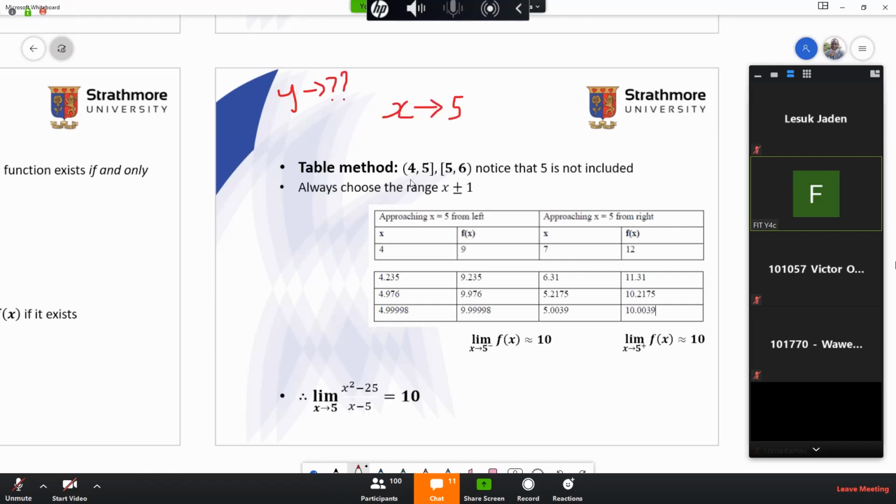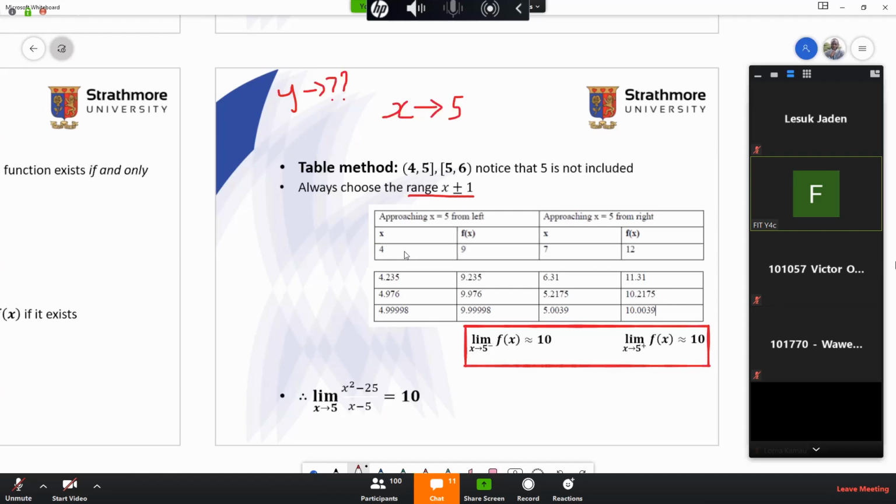So how do you do that? They normally say you just find a range. We go one step lower, 4 and 5, then one step higher, 5 and 6. Then we approach 5 from the lower side and from the higher side, and check if they are converging to some value, then we say that is the limit.